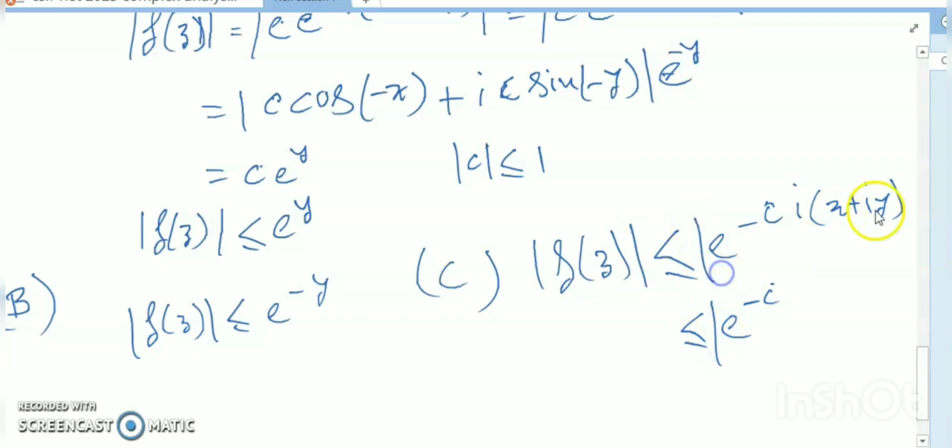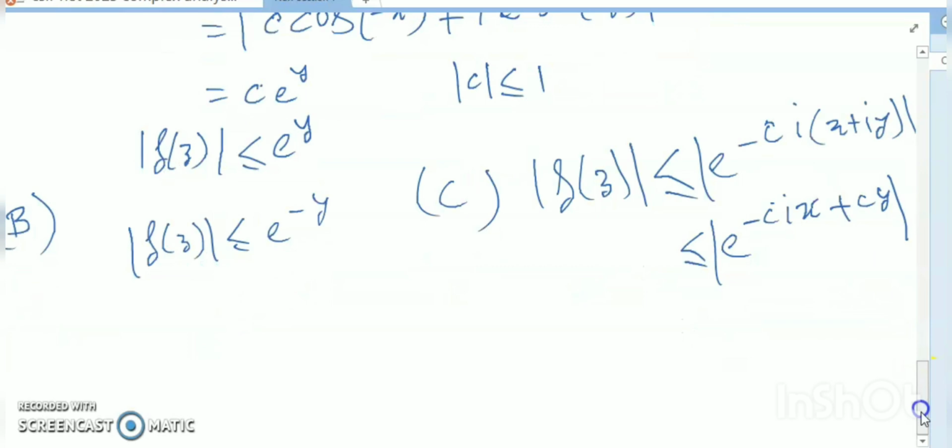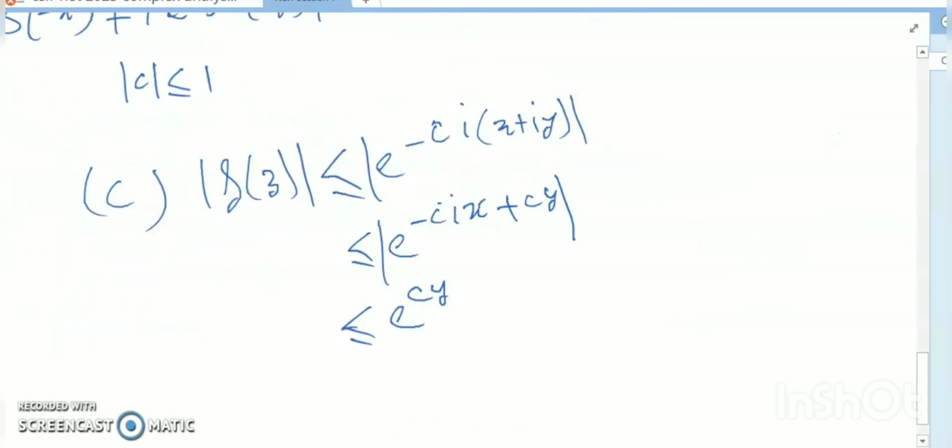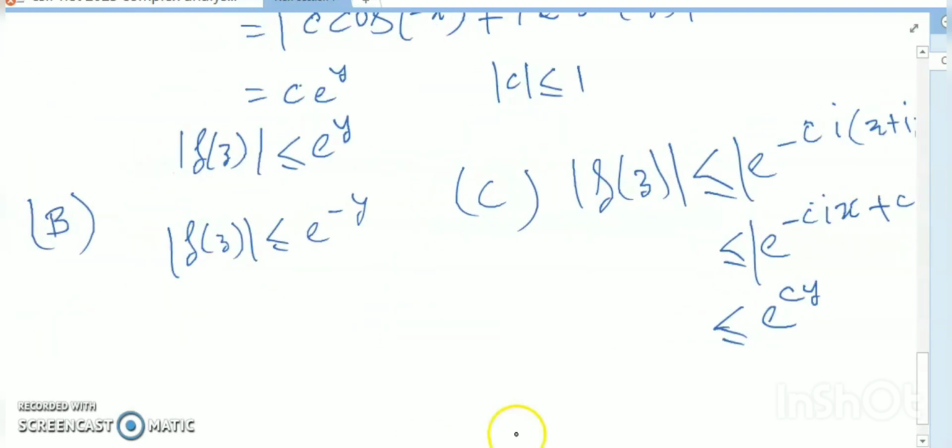Mod is also given, so c into ix into cy, so we get e to the power cy, similarly e to the power minus cy. So we can see that this option is not correct.